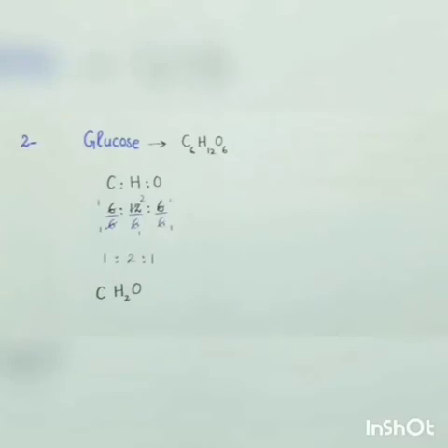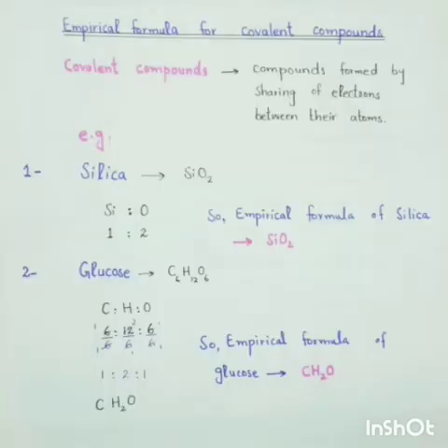By adding 1 carbon atom, 2 hydrogen atoms and 1 oxygen atom, we get the formula CH2O. So we can say that the simplest formula, or the empirical formula, of glucose will be CH2O.